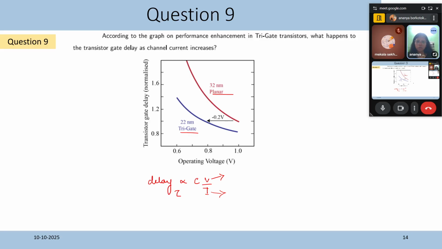So ID increases actually. Because ID increases, you can see delay is inversely proportional to current. So there is a decrease in gate delay in tri-gate technology compared to planar technology.